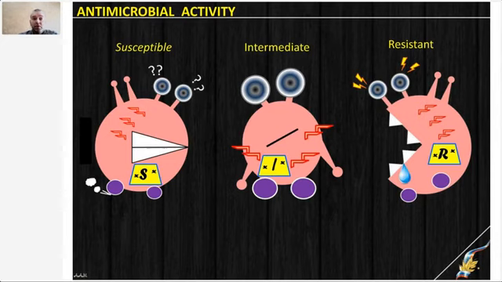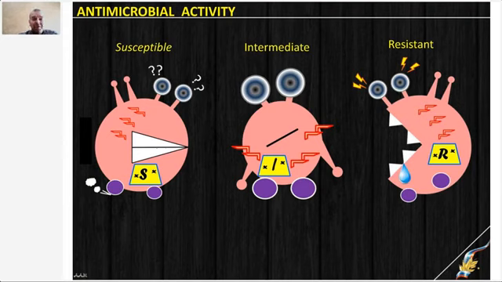So according to susceptibility of bacteria to a drug, we have three important groups of microorganisms: susceptible, intermediate, and resistant. Again, you can find in literature a lot of multiple definitions, but you should understand it, and if you understand it, it will be easier for you.